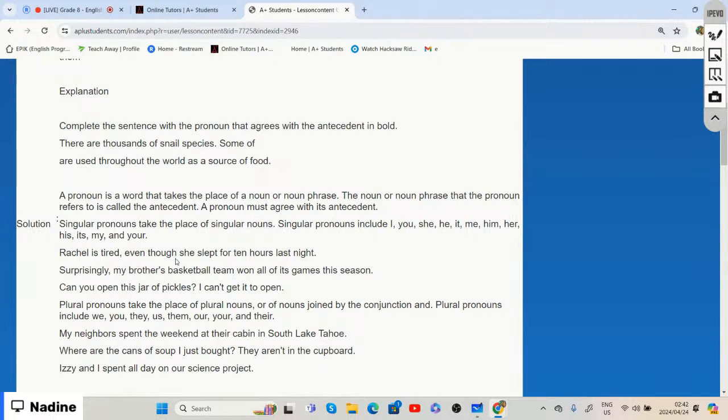So we said we have singular pronouns and we have plural pronouns. Singular pronouns take the place of a singular noun, as well as plural pronouns take the place of a plural noun.